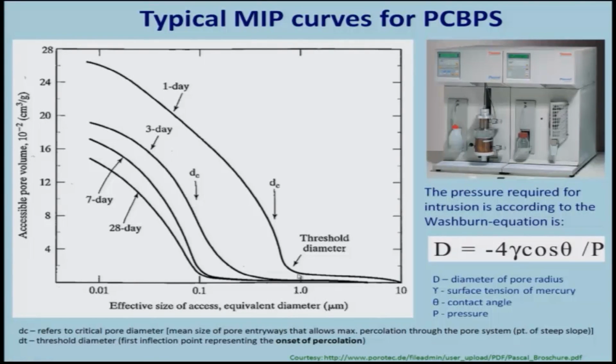The typical trend increases from this point until some value here, and this is for a 1-day specimen. There is a terminology DC which refers to critical pore diameter, which means it is the mean size of pore entries that allows maximum percolation through the pore system, and it is the point of steepest slope in the curve.